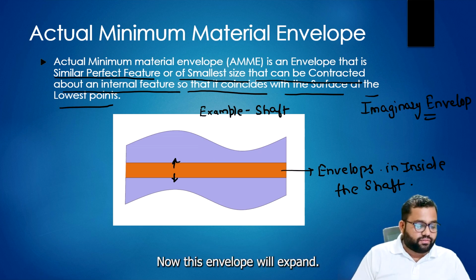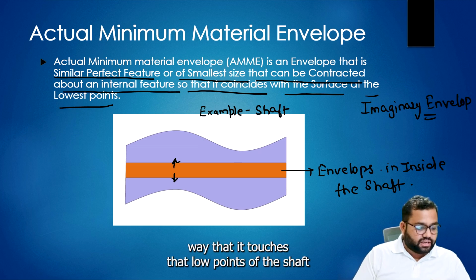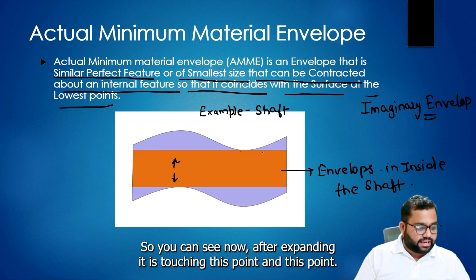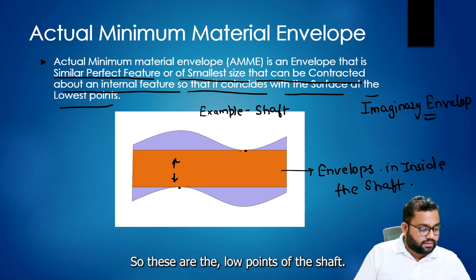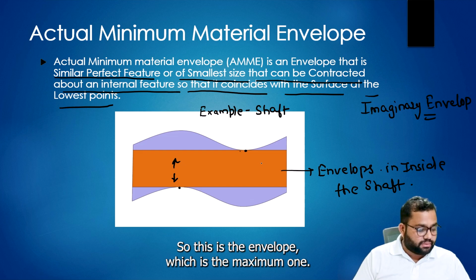It expands in such a way that it touches the low points of the shaft. After expanding, you can see it is touching this point and this point. These are the low points of the shaft.